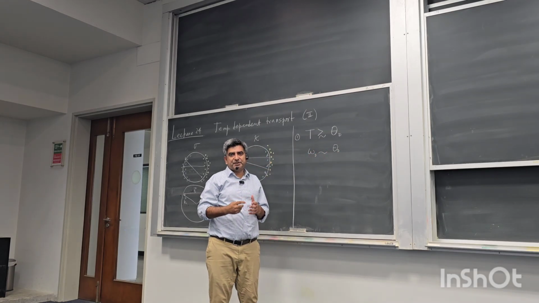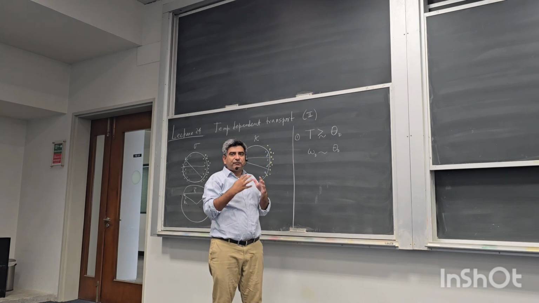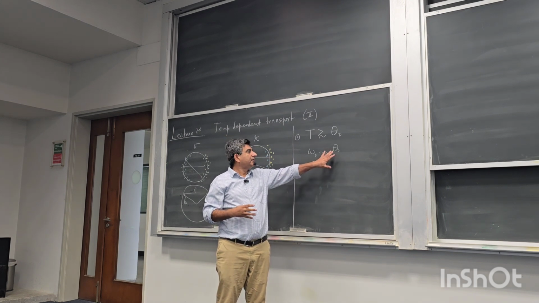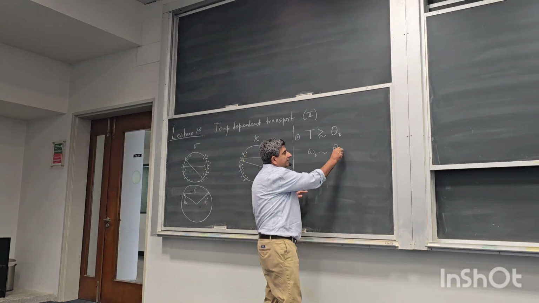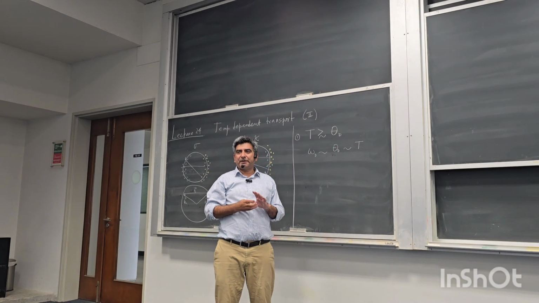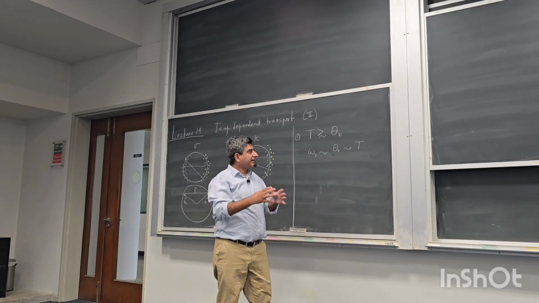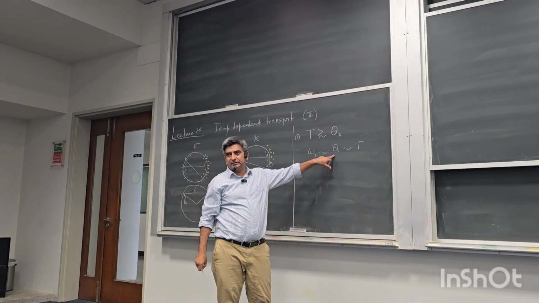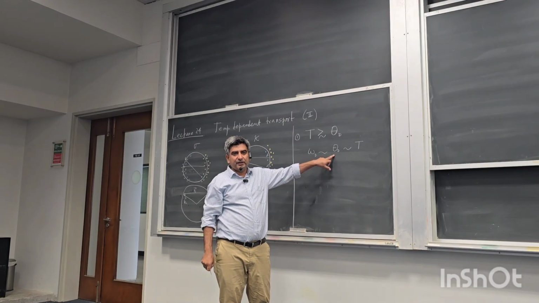So at large temperatures, such as the room temperature, phonons have a temperature theta D which is of the same order as the ambient temperature. So when the temperature is large, then that temperature is of the same order of magnitude as theta D. Okay?